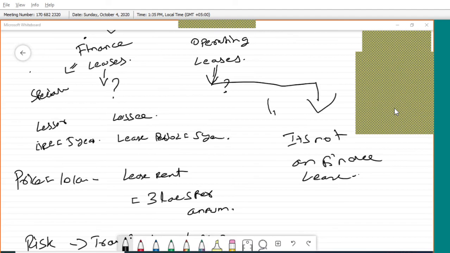If it is a finance lease, what is the accounting treatment in the books of lessee? In the books of lessor, what is the accounting treatment? Okay, that we have to understand. For that there is some procedure. For that there are some formulas. If we know the formulas, then we can apply them. For practice, for working out the problems, we should know the formulas.